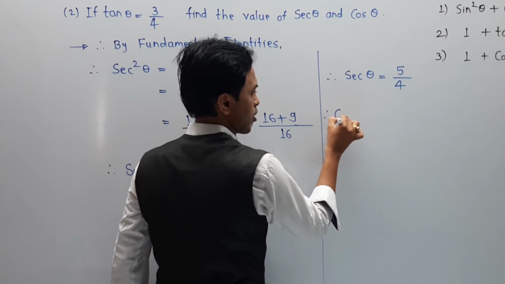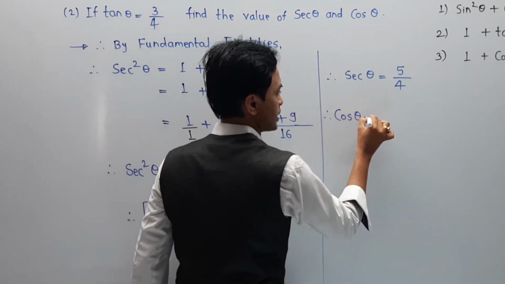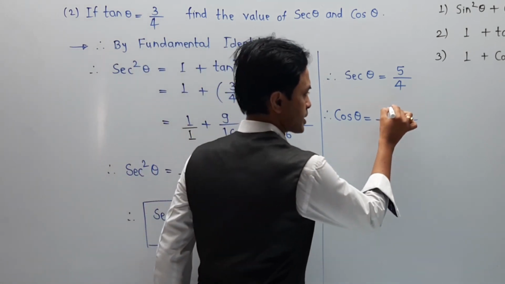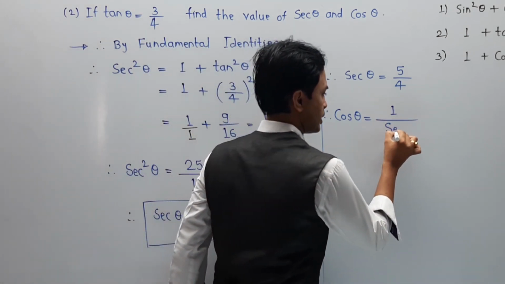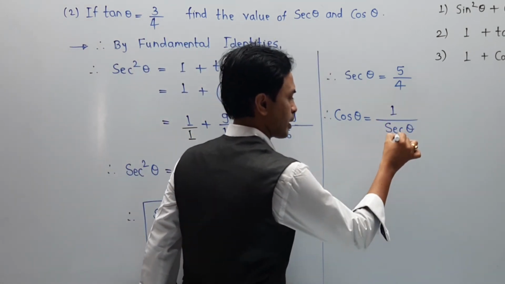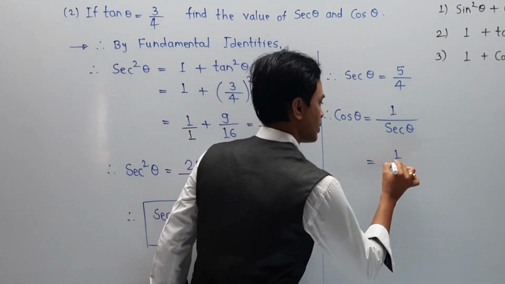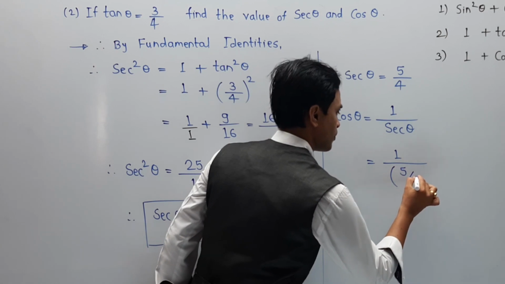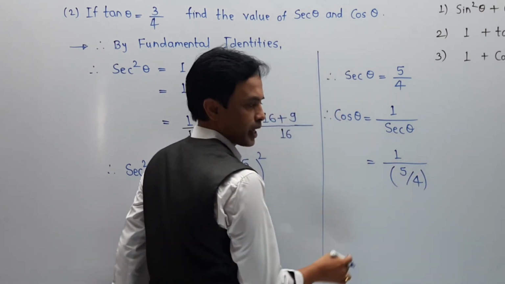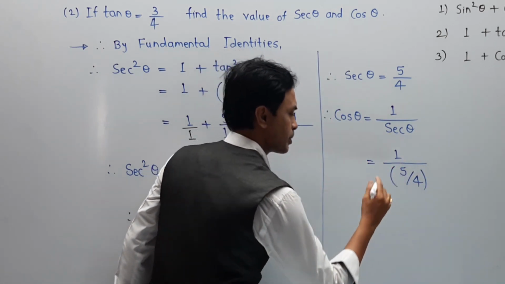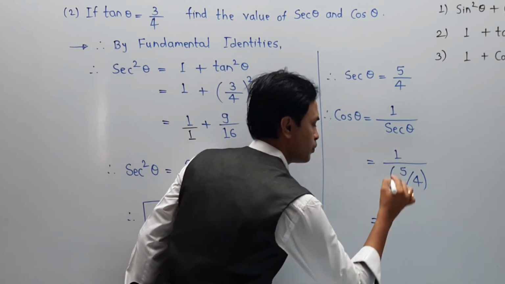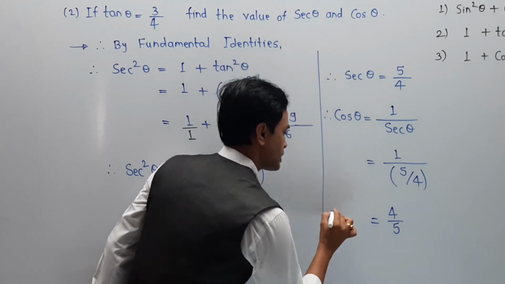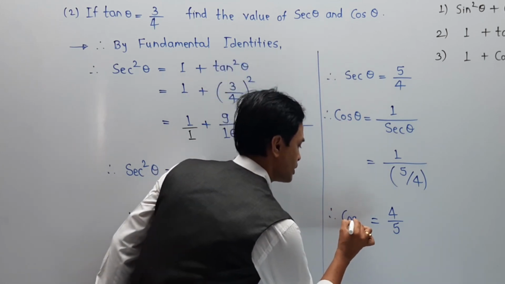Therefore cos theta is nothing but the reciprocal of sec theta, so we can simply write 1 upon sec theta, which is 1 upon 5 by 4. It becomes the reciprocal, and this value becomes 4 upon 5. So that is the value of cos theta.